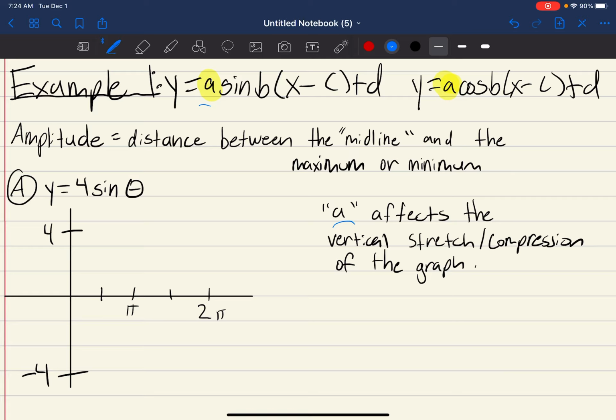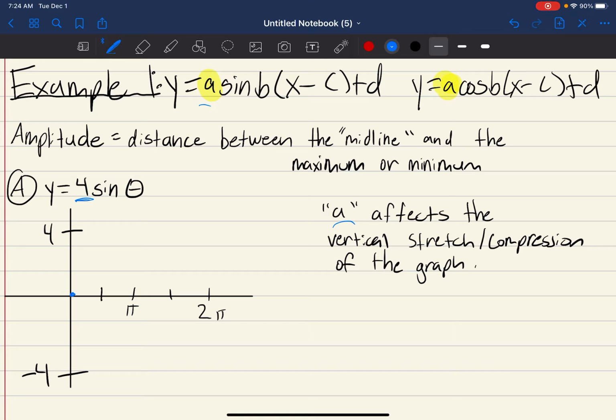Now that we got that out of the way, what that does for us is give us a vertical stretch of 4. That's why I have 4 instead of 1 here. Because the original graph, if you were doing it without the 4, would stop at 1. But because we have 4 here, let's draw a sine graph.